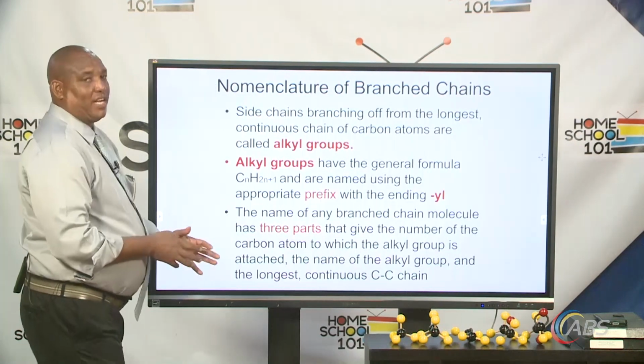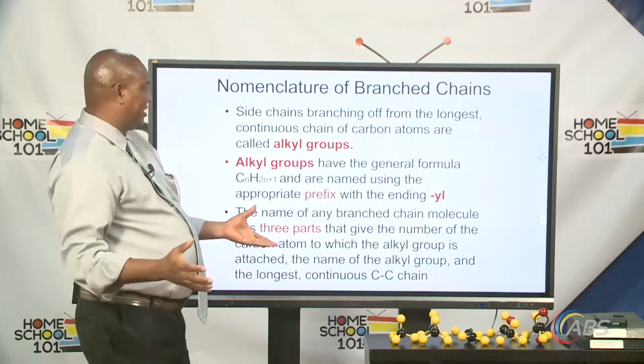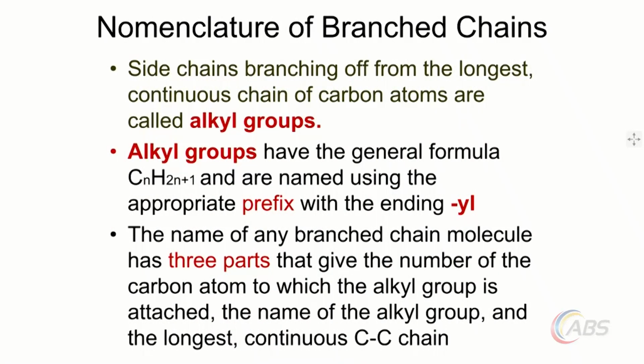Now the nomenclature, if we have branch chains, or side chains on our molecules, how do we name them? Now side chains branching off from the longest continuous carbon chain, we call those alkyl groups. The branches, we call them alkyl groups.